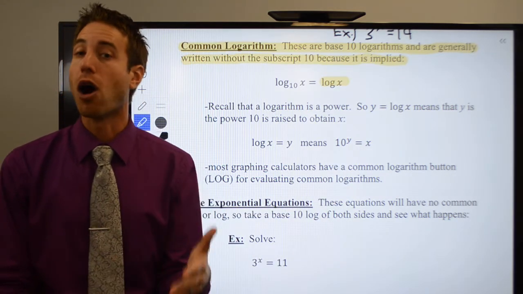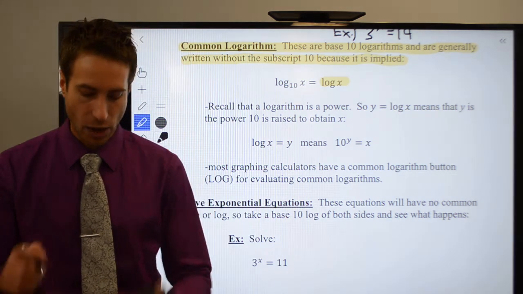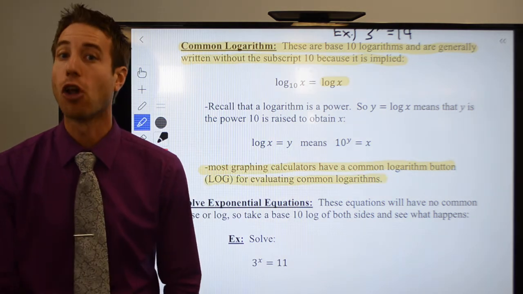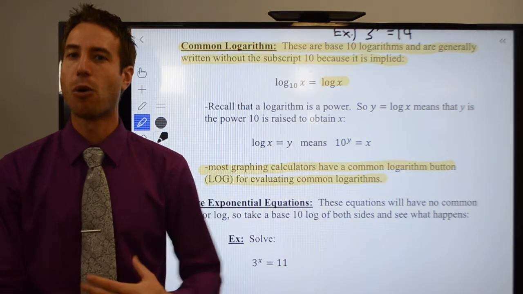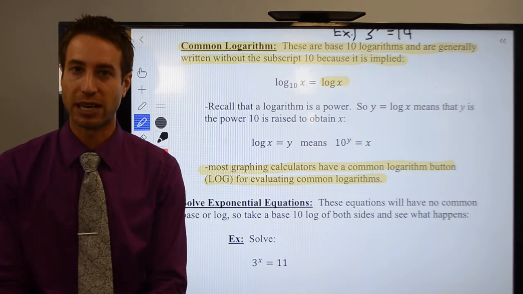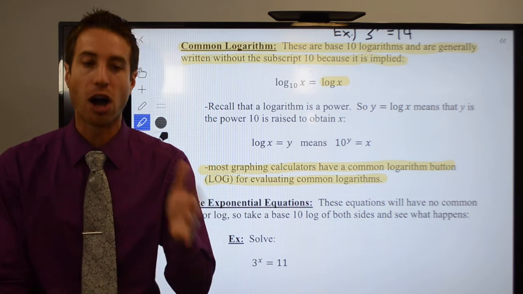And again, log base 10, the 10 won't be written, it's implied, and all calculators have a common logarithm button on them. So from now on, now that we have a formal definition, instead of calling it log base 10, I'll just call it the common logarithm, right? The common logarithm is a log base 10.